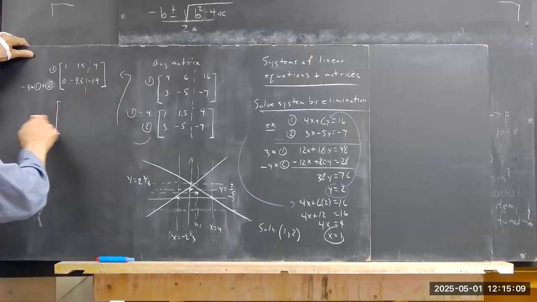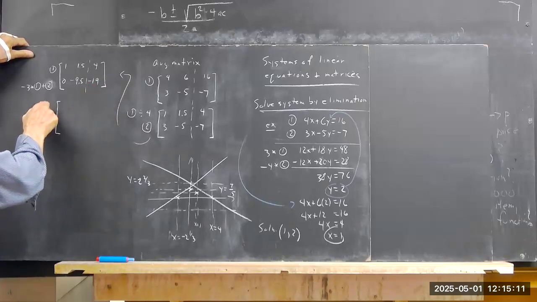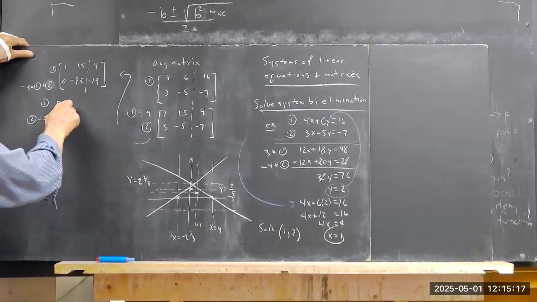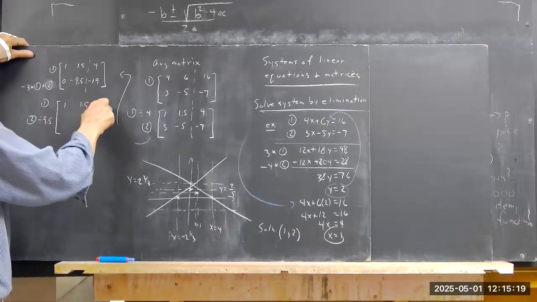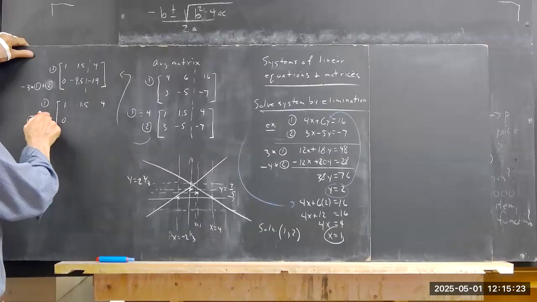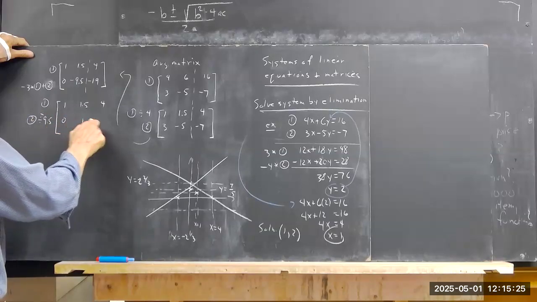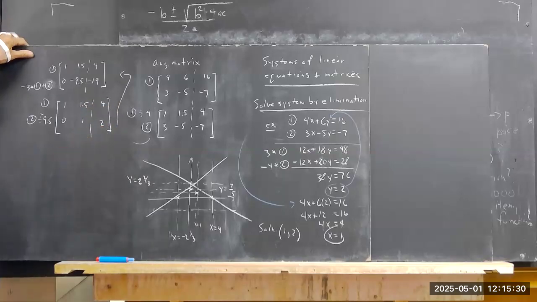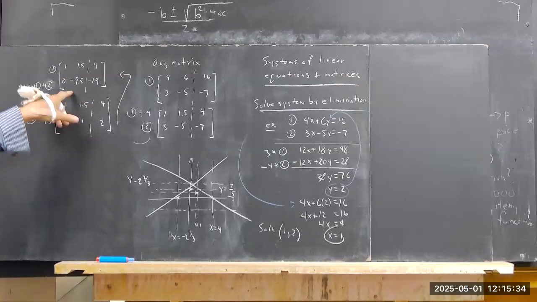Then -19 y equals -38, so I get 0, 1, 2.